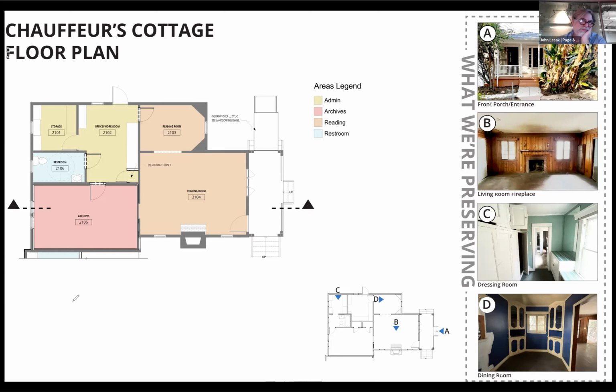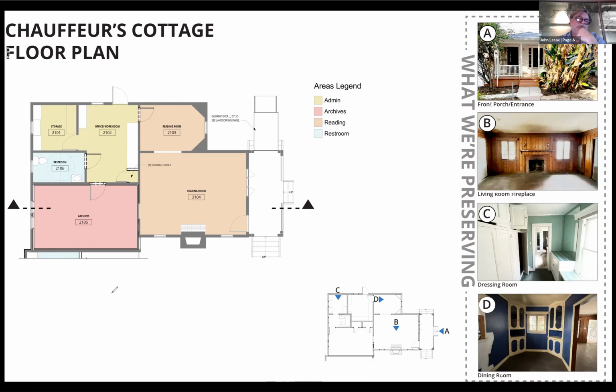Then to create the functional archive itself, the room, which is number 2102, which is currently a kitchen, would be converted into an office and workroom. We would be maintaining most of the original cabinetry, and that's where the processing would happen for the archives. And there's also a small storage room in the back, which is picture C. That would be a storage space, temporary storage.